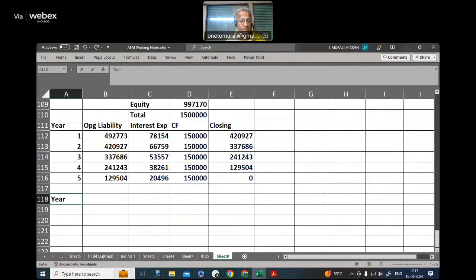Here we have taken year 0. Year number 1. Debit interest expense 7814, credit liability.